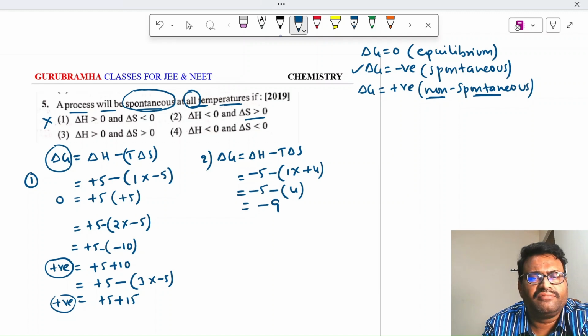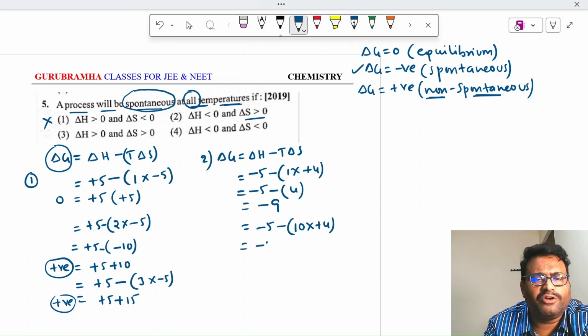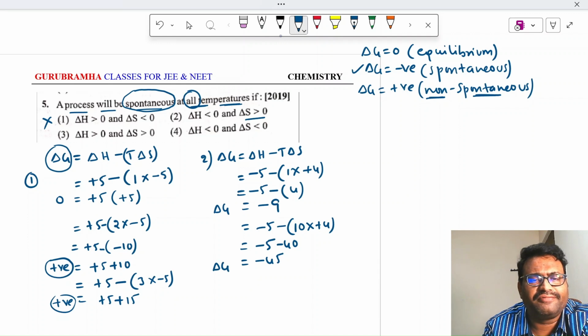Okay. Or decrease or increase the temperature. Increase the temperature. Minus 5 minus of, right? 10 degrees centigrade I am increasing into plus 4, that is equal to minus 5. 10 into 4, 40, minus 40, again you are getting minus 45. So delta G will be always what? Delta G is always negative.